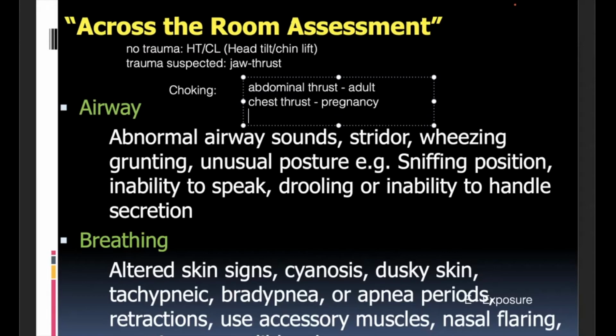And of course if it's pediatric, or the patient is a baby, we usually do back blows.